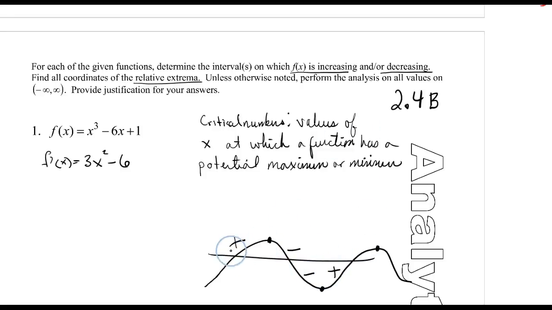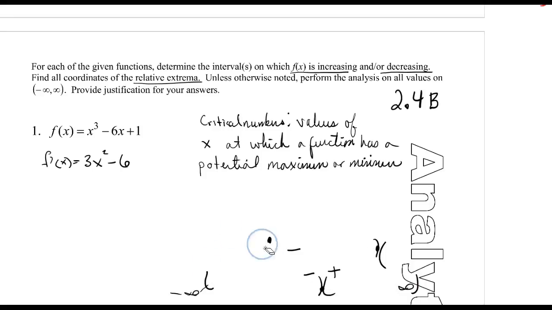It never changes from a positive slope to a negative slope without the derivative first being 0. So finding these critical numbers, these critical points, is going to allow us to essentially break our function up into the intervals that we'll be dealing with. And the intervals may end at negative infinity and positive infinity on each end.